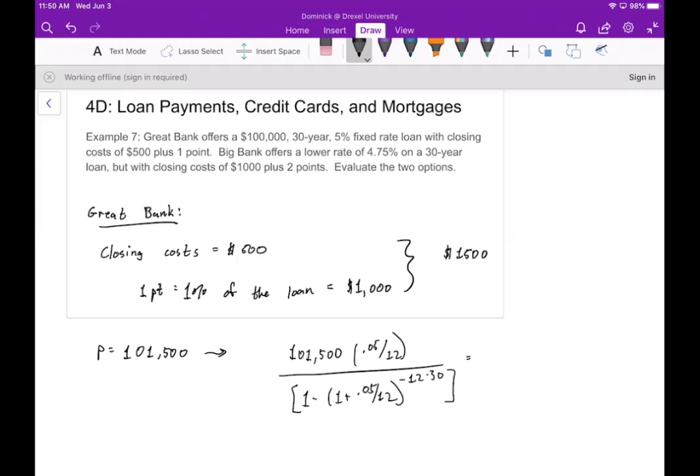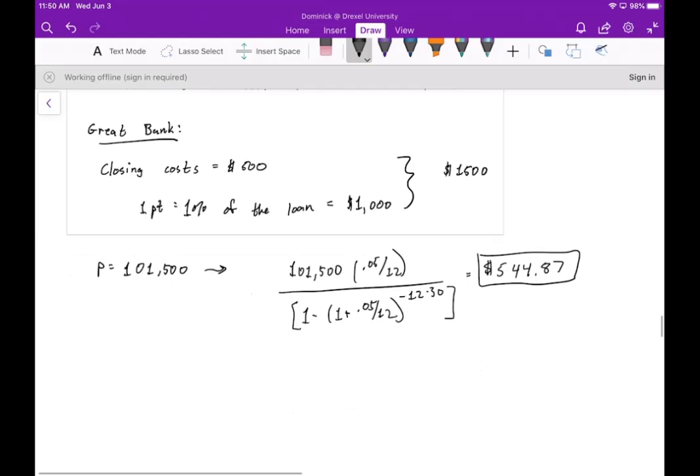So I got to do 101,500 times 0.05 divided by 12, all divided by 1 minus 1 plus 0.05 divided by 12, and then raise that to the parenthesis minus 12 times 30. Close everything up, and we're going to find out that our monthly payment is $544.87. All right, so that's for Great Bank.